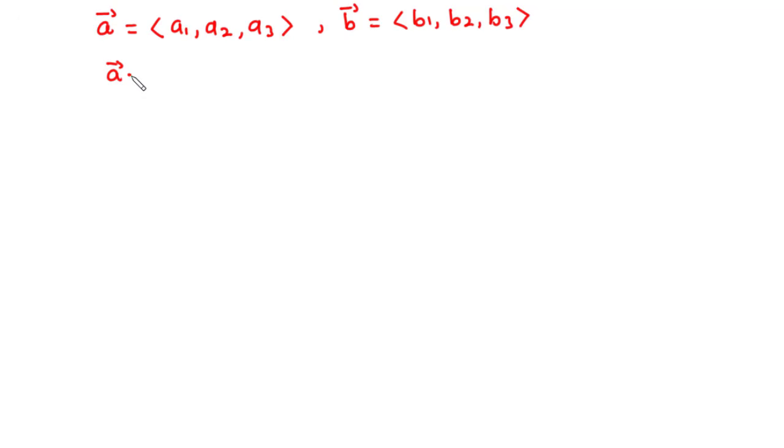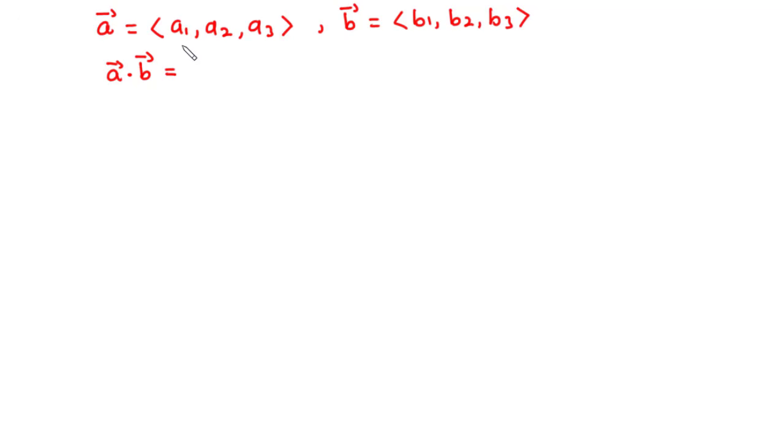So given that we have two vectors, vector A has components A1, A2, A3, and then we have vector B also having components B1, B2, B3. Now the dot product of vector A and B is given as vector A dot vector B, and that is equal to, basically we are going to multiply corresponding components and then sum them up.